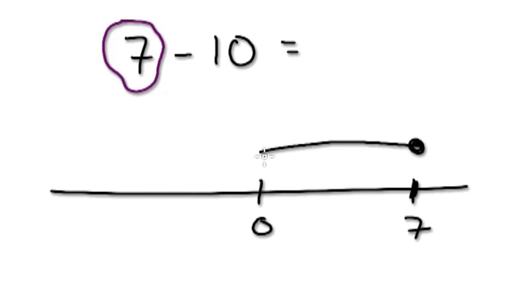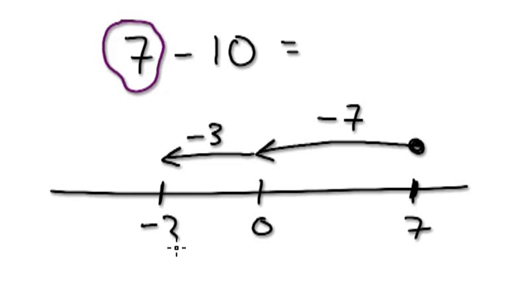So take away 7 first. And then how many more steps do I need to take in order to take 10 in total? Well, you need to take another 3 steps. So that would be -3. So -3 would be your answer.